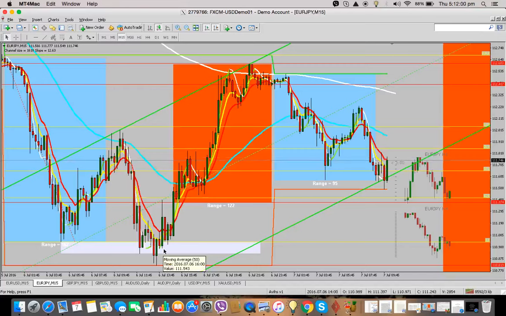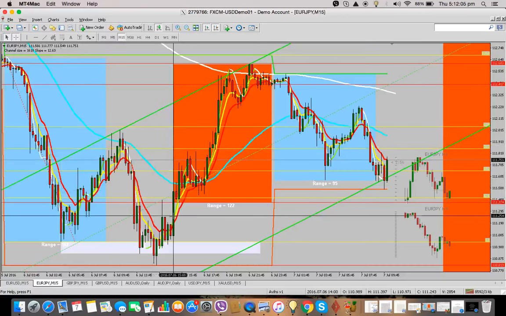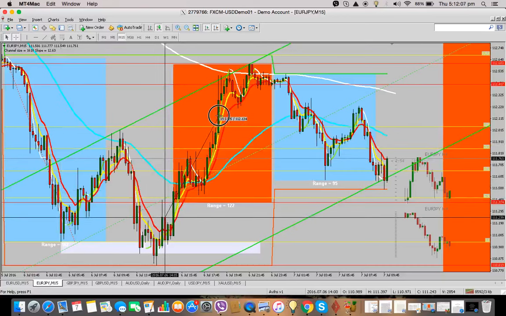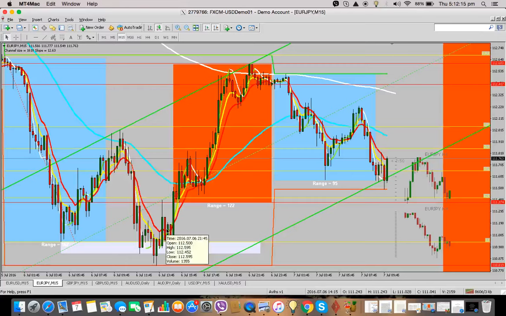There's got to be some false moves happening, and when you're looking at this whole entire move, I'll do it from here all the way up here, which is 136 pips, you're pretty certain that, well, first of all, you're certain that a big move is coming, especially when the market makers go into the trouble of creating this whole entire structure for you.